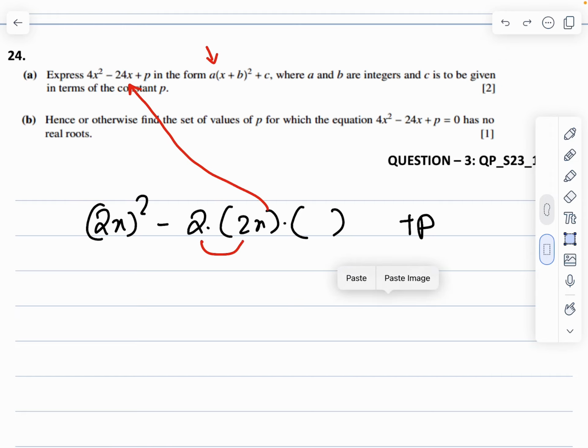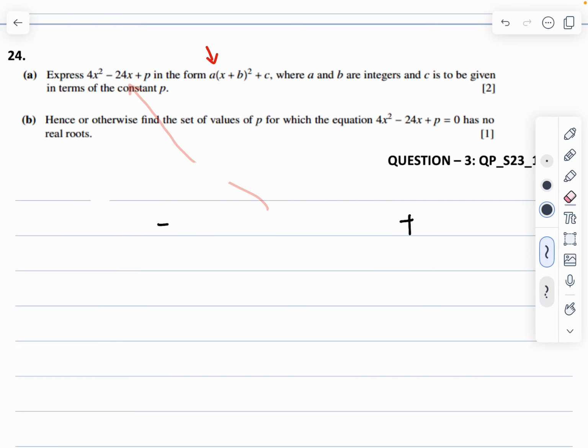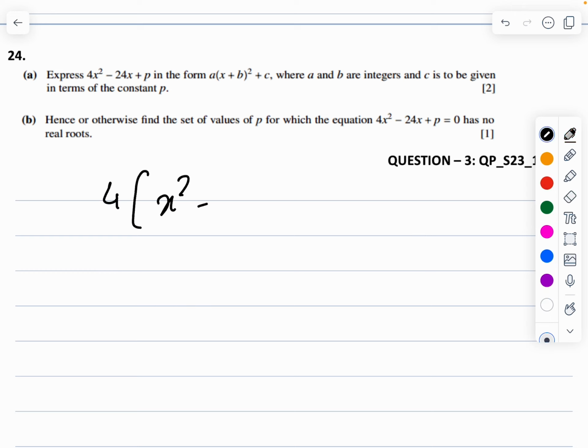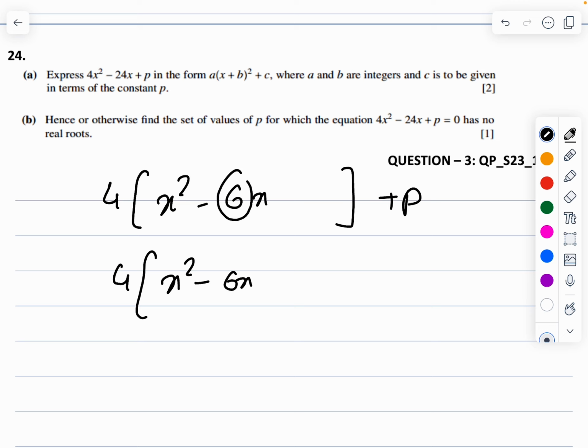Do it once again carefully. Let me erase it all, because he has taken 4 common. So like we began, 4 common, x square minus 24x can be written, when I take 4 common, as x square minus 6x, plus p. So 4 bracket of x square minus 6x. 6 divided by 2 is 3.